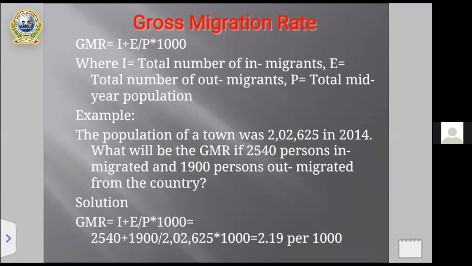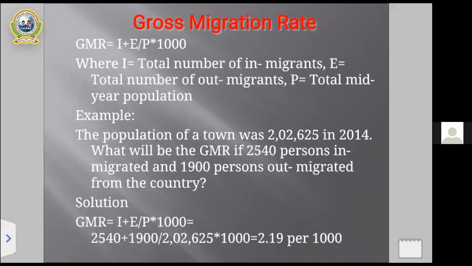Okay, after Dennis, Miss Rosana, are you listening to me? We just discussed the 4 ways to calculate migration rate: in-migration rate, out-migration rate, net migration rate, gross migration rate. Do you have any confusion in that formula?